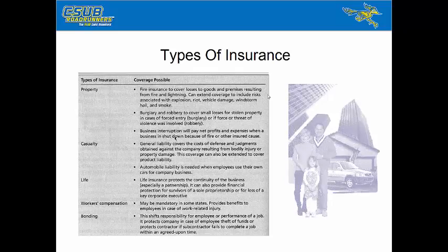And then finally, as far as legal issues are concerned, you need to think a little bit about insurance. And there's a couple of different types of insurance, property versus casualty insurance. There's also life and workers' comp and bonding, but in particular for businesses, there's two types of insurance that you need to think about.